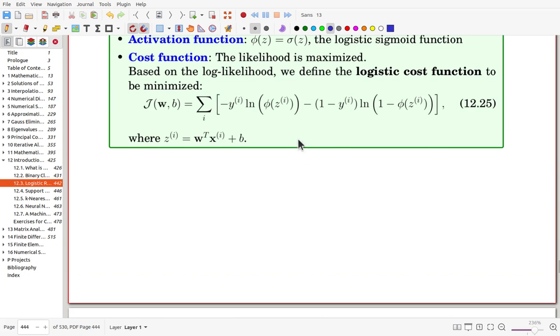Here, phi(z). Phi(z) is the same as phi of W1 x1 plus W2 x2 plus the last one, WD xd, plus b. So phi(z) is given in this way.